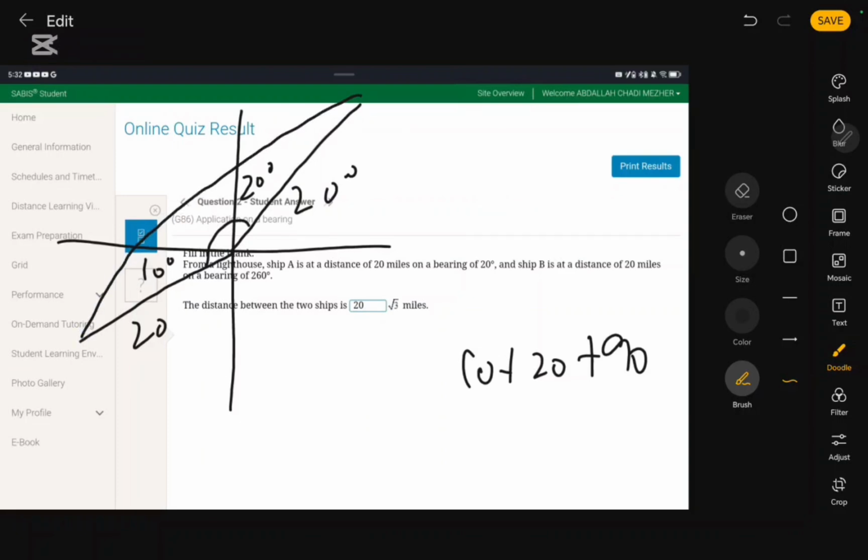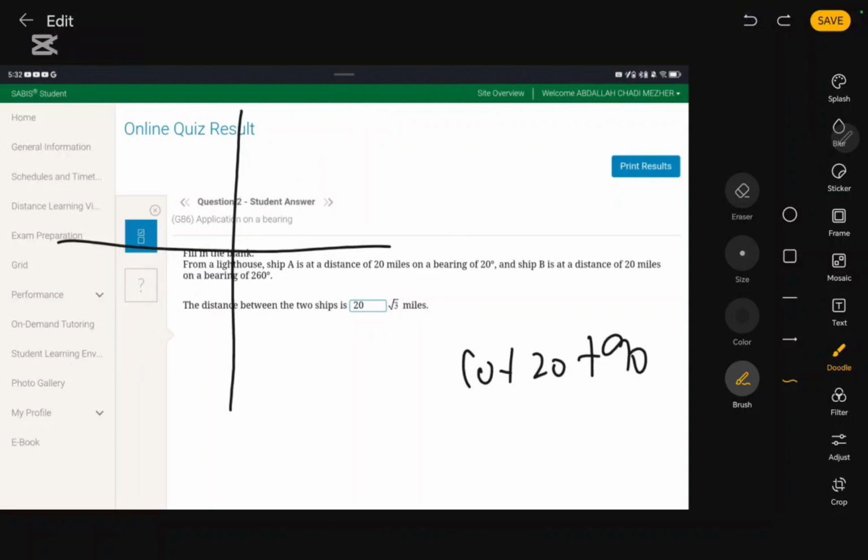Now we want to find this big angle so we can do something. So first of all, we'll put the line here. It's a triangle, and we want to find this big angle. So we know that this part's 10, this part's 20, and then we have 90, because 90 is of course this part. So we do 10 plus 20 plus 90, which equals 120. So now we know that this whole angle is equal to 120.